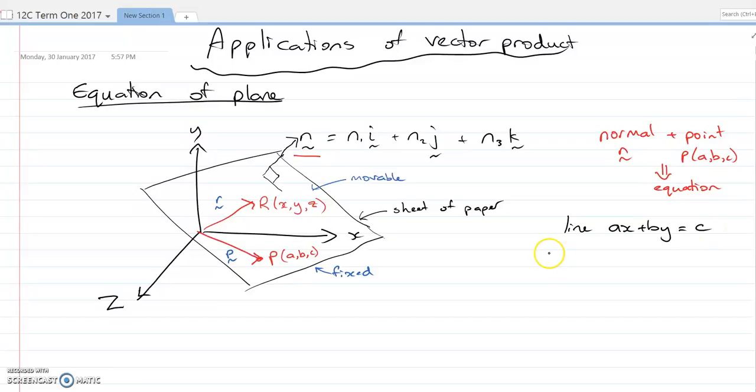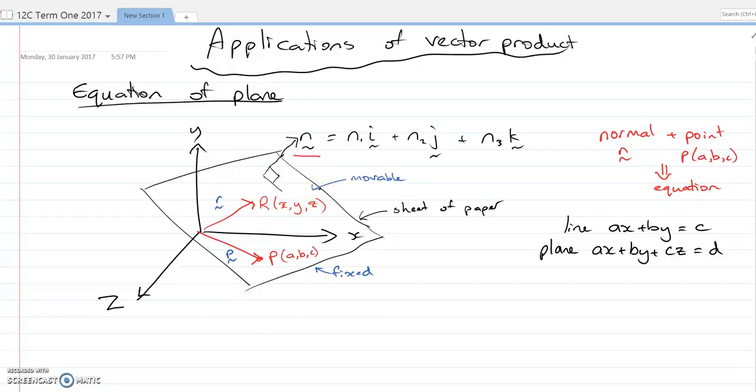A plane would be similar: ax plus by plus, we've got to add a z, equals d. This is what we want our end result to look like. So these x, y, z are represented by this movable point r.